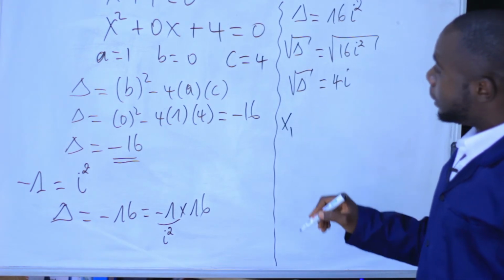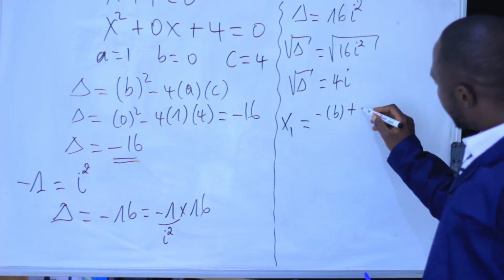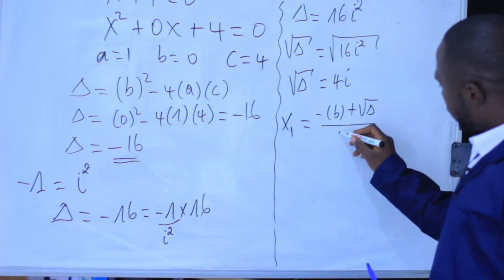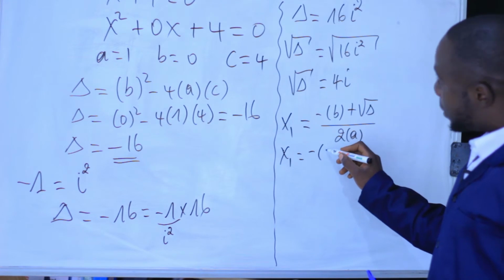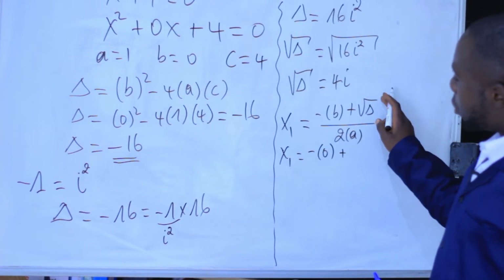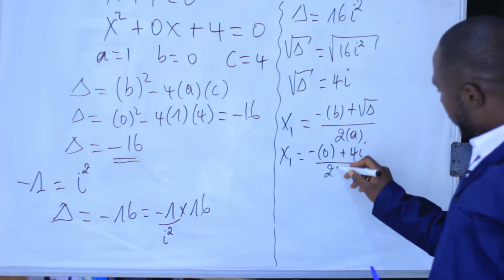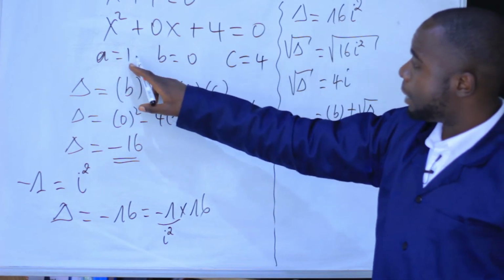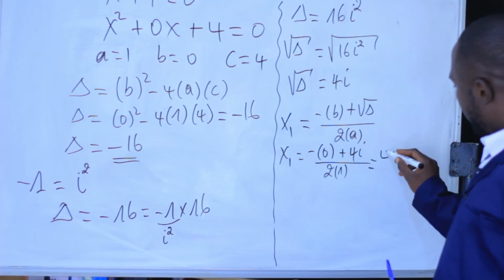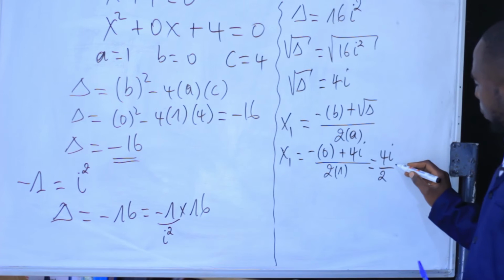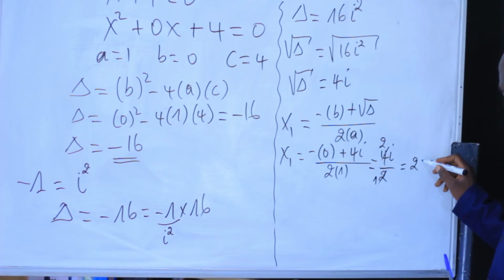Then x1 is equal to negative b plus the square root of the discriminant, over 2 times a. x1 is equal to negative 0, plus 4i, over 2 times 1, because a is 1. Then 0 plus 4i over 2 is equal to 4i over 2. By simplifying, we shall get 2i.